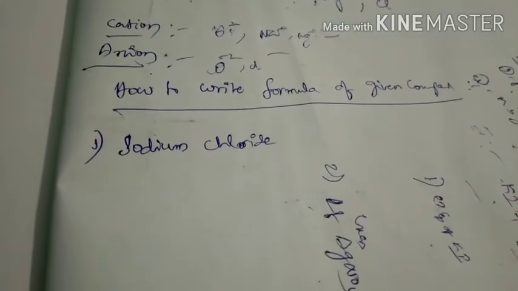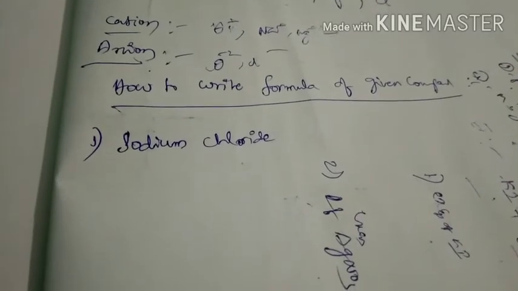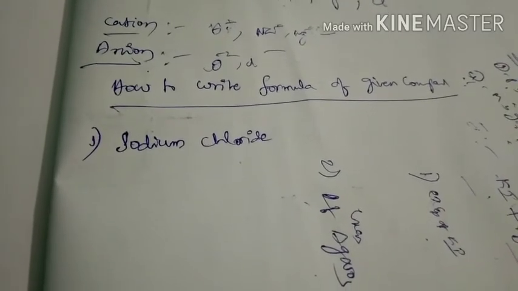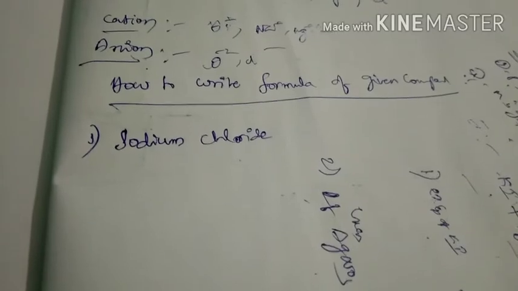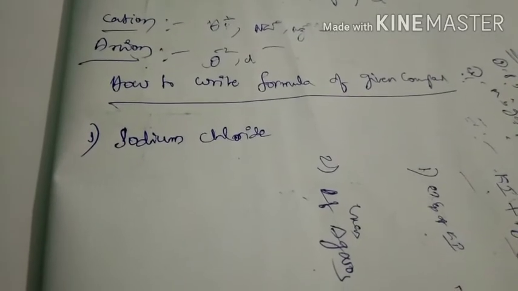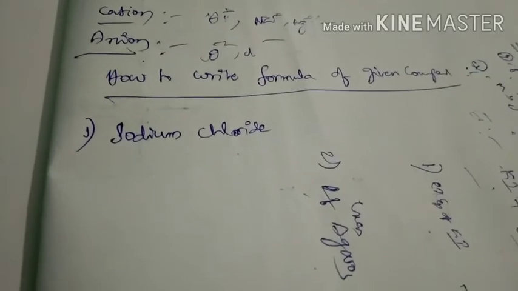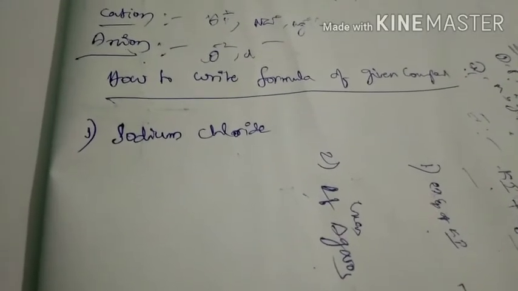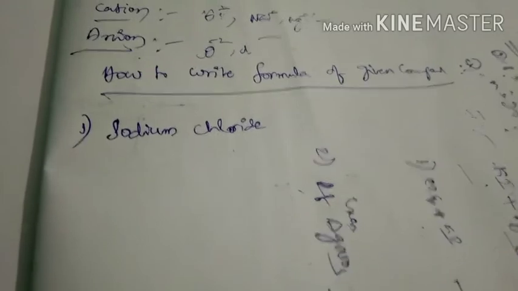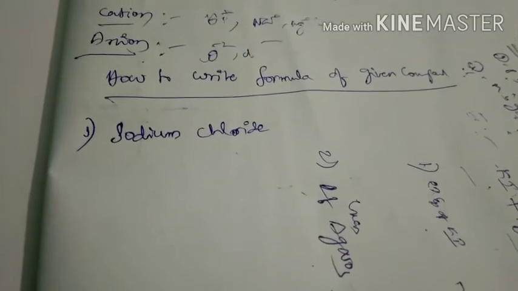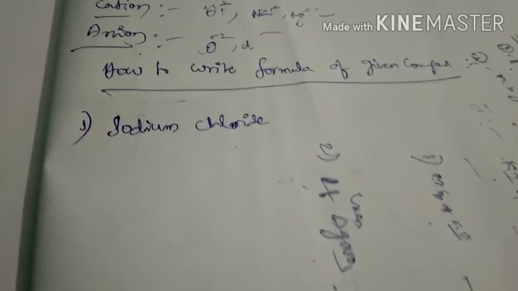I gave the symbols and formulas of the ions in PDF format. If you read and learn it, then only we are able to write the formula of any compound.